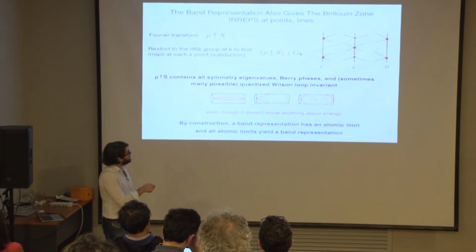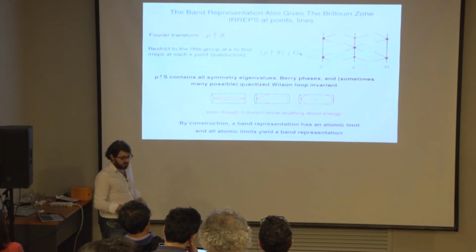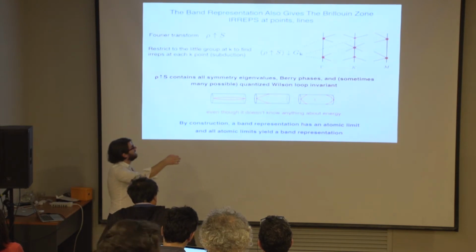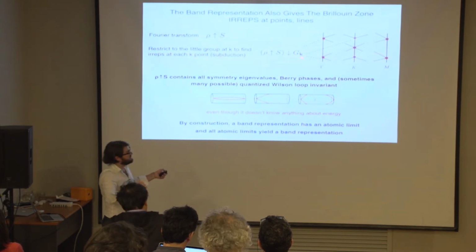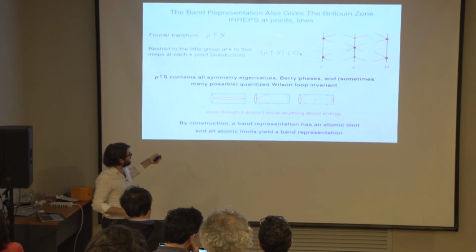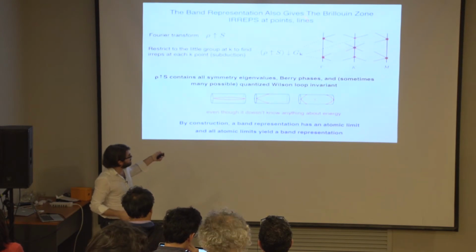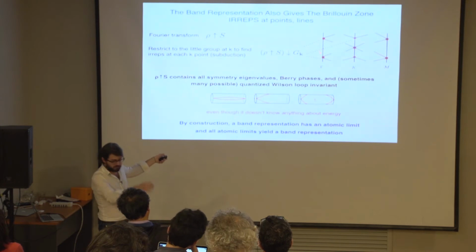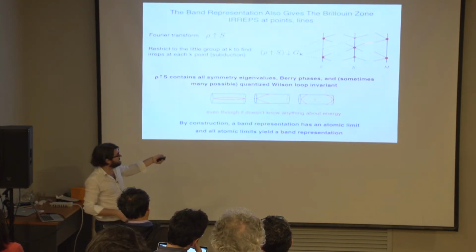So I can then particularize this representation to high symmetry points in the Brillouin zone. Every high symmetry point has its own symmetry group that leaves it invariant. So this is the Brillouin zone now, and I can particularize my induced representation into the space group to different points of high symmetry in the Brillouin zone.